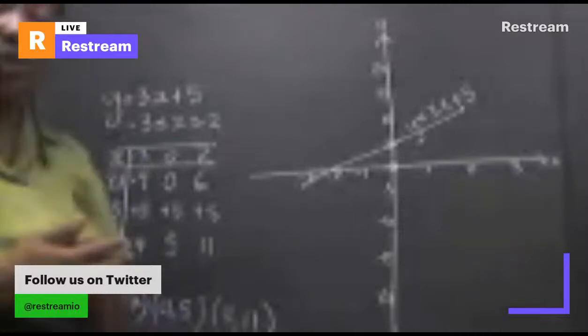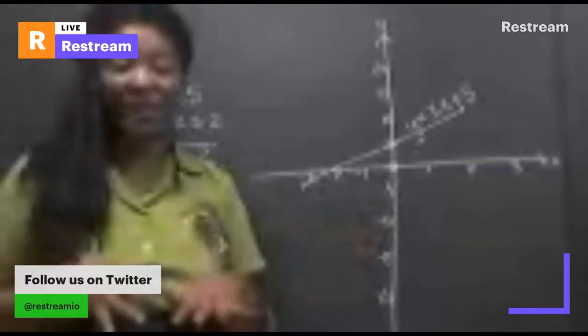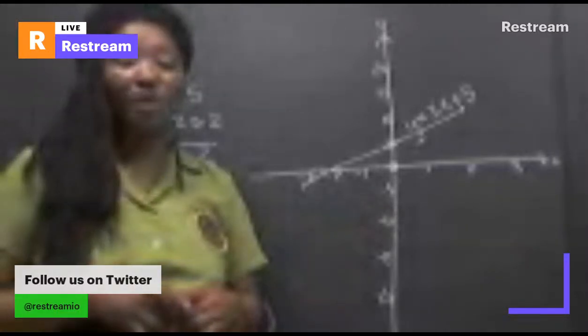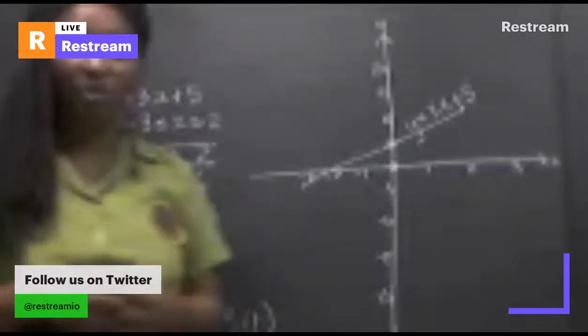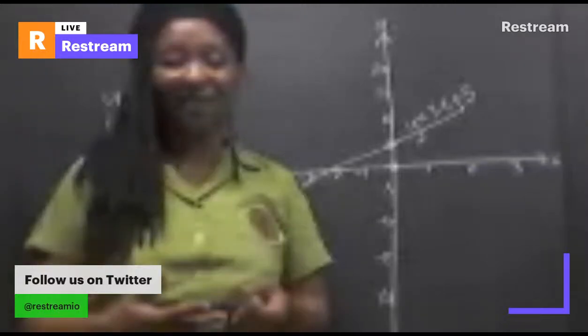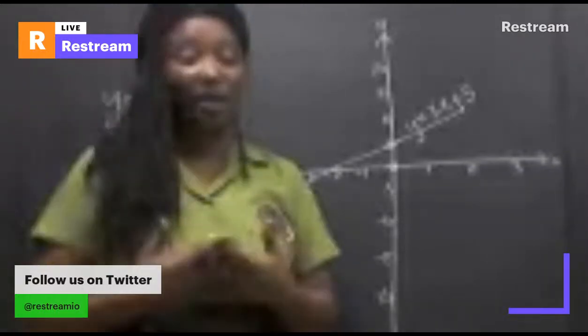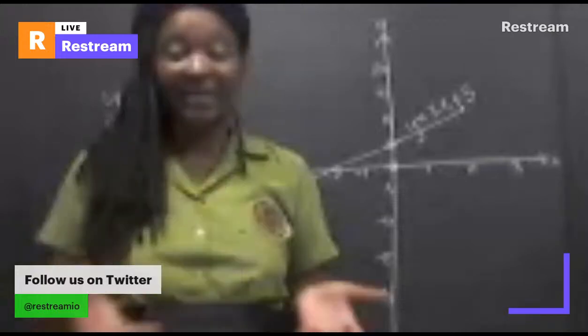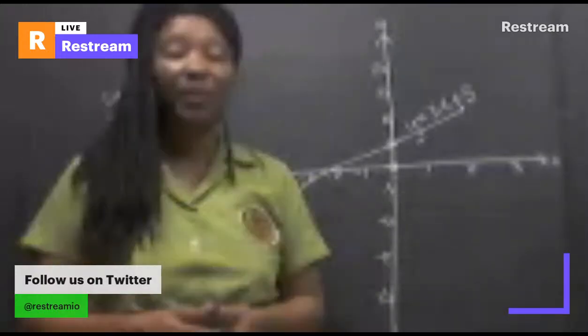Because it's a straight line, we don't need all the values in between. We just need the 2 end values, and we also throw in the 0 because we want to see what's happening at the origin. It's always good to know that. The origin is at the center, and we like to know what happens there.